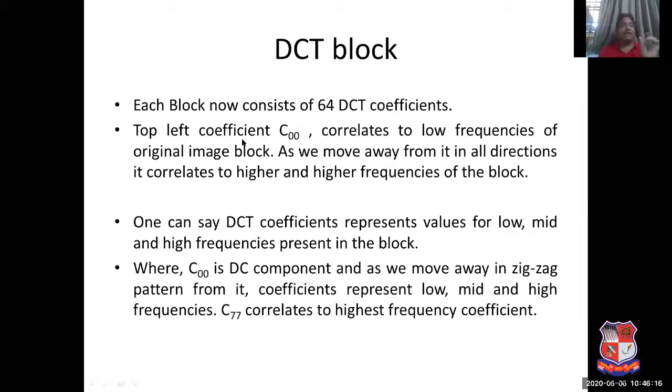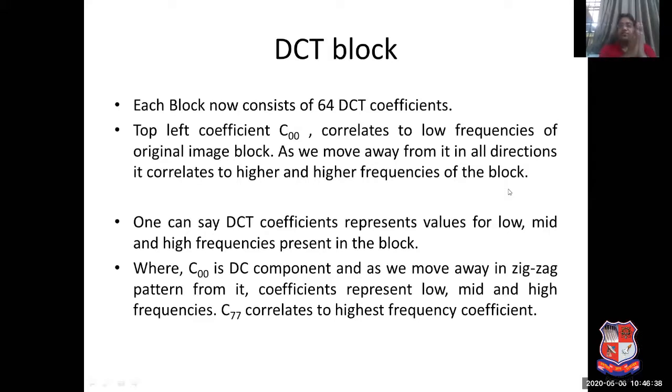The top left coefficient is C00, and this C00 correlates to the low frequencies of the original image block, as I told you. The 0th value of an individual block is the DC low frequency value. As we move away from it in all directions, it correlates to higher and higher frequencies of the block.